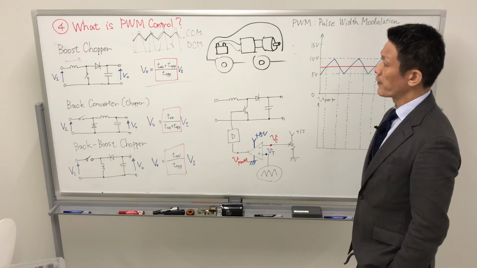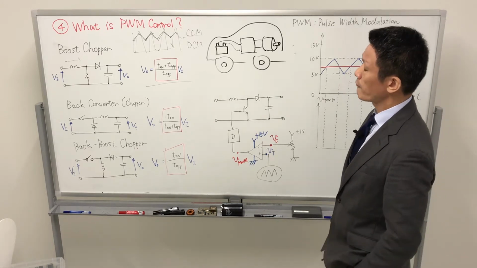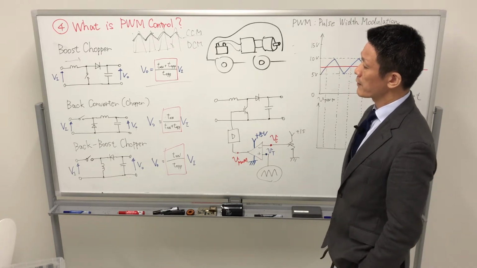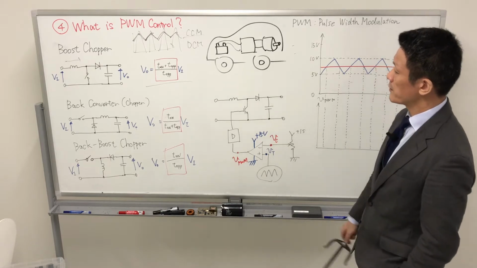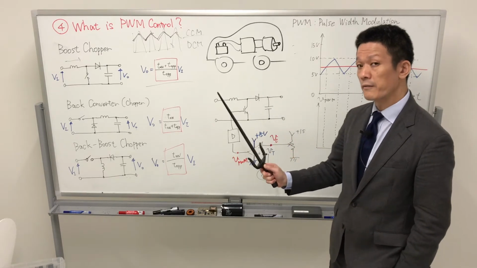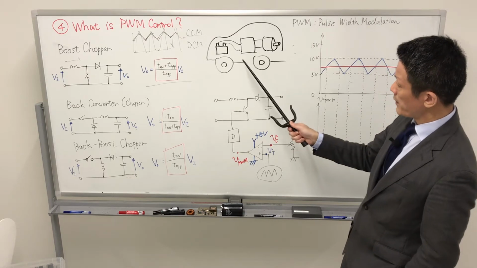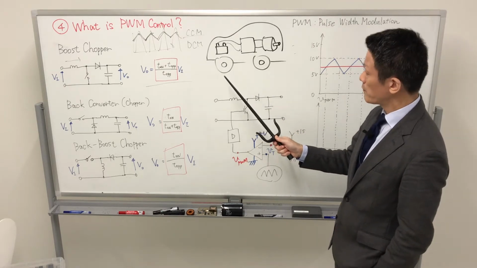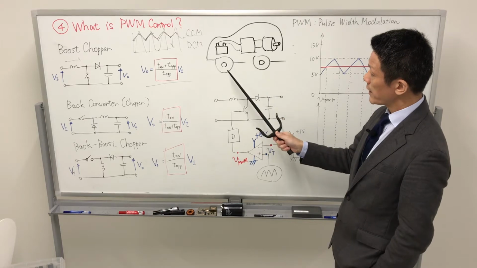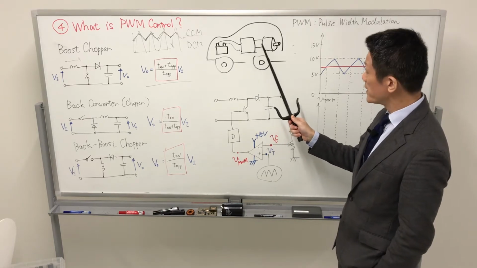For example, you can easily imagine the EV, electric vehicle. An EV is composed of the battery, chopper and DC motor.